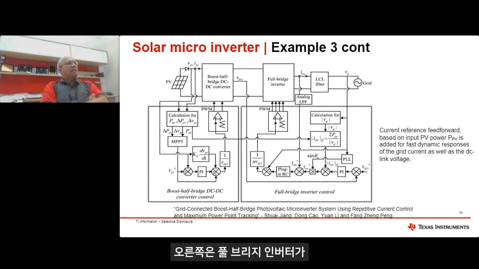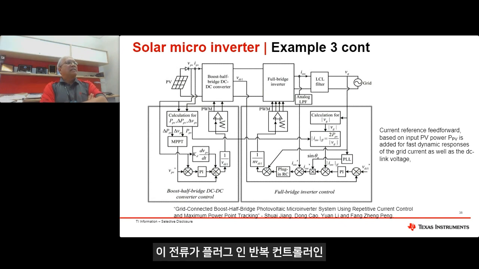On the right side, it shows the full bridge inverter control, with different calculations. You can see the output voltage control using the PI controller, and then the output of the PI is added to the feed forward, which uses the grid voltage and the PV power, and then that output is multiplied by the PLL output, and finally the reference current is generated and compared to the inverter current.